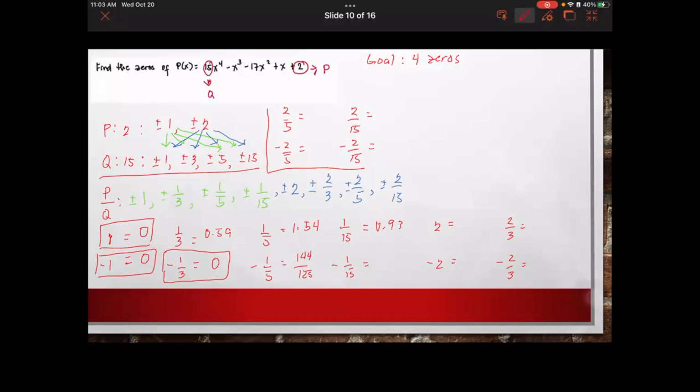-1/15 is for Maraan. Paki-compute. Next is for Enduso, it's +2.